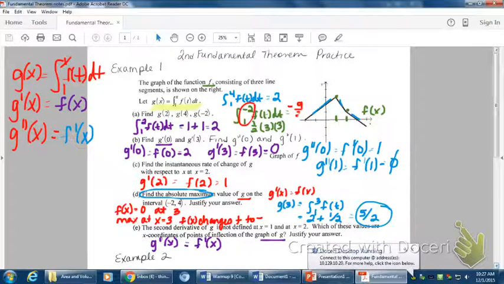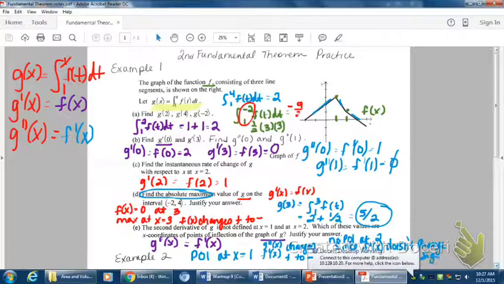So there's a POI at x equals 1 since f prime of x, or g double prime of x, changes from positive to negative. There's no POI at 2 since f prime of x doesn't change sign, because the slope is not changing at that point.